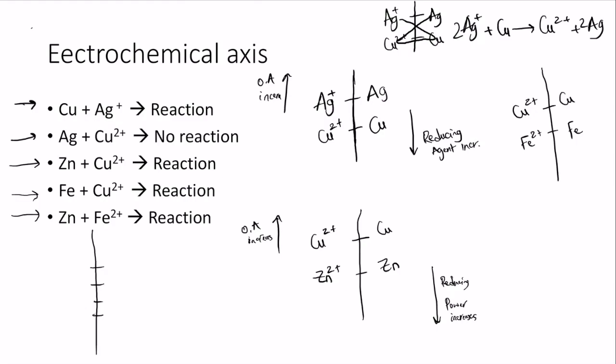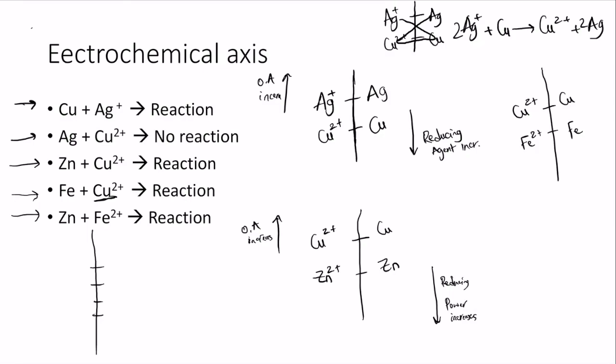You're getting the logic? If we have a reaction, then Cu2+, compared to Fe2+, should have a greater oxidizing power, because we have a reaction. Otherwise, we don't have a reaction. So Cu2+ is above Fe2+ because it has more power, and Fe should have a greater reducing power because there was a reaction.